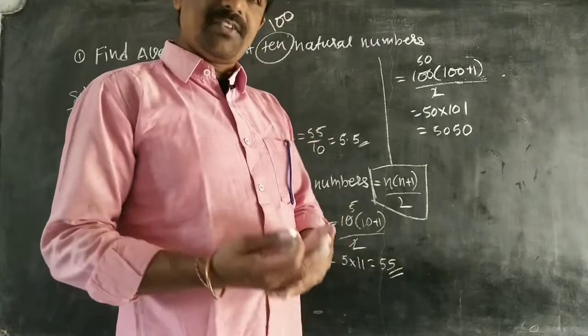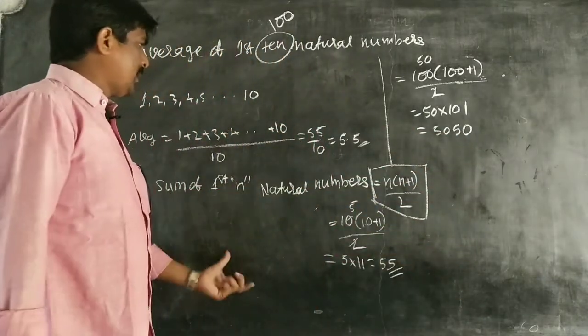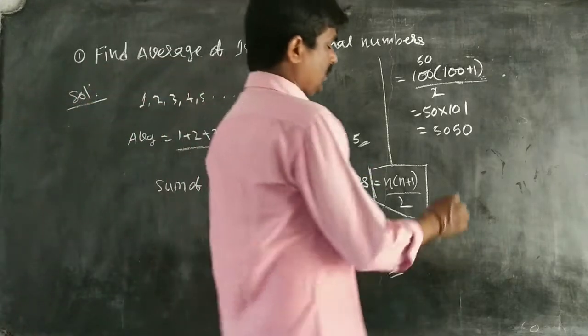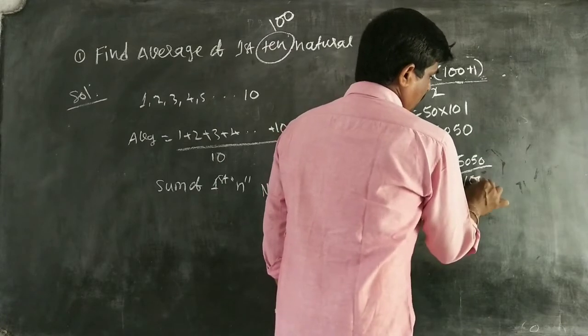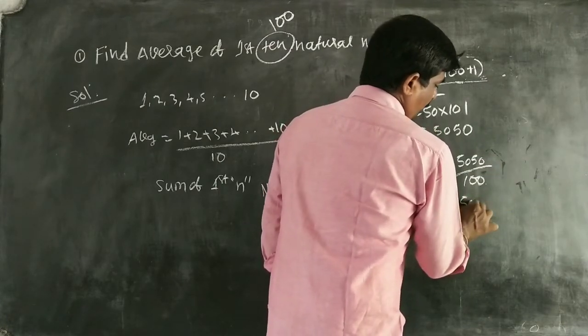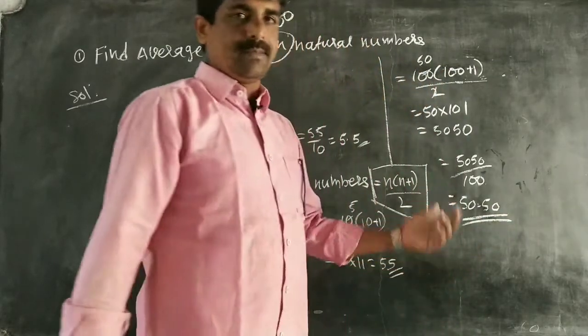To find the average, the sum of the observations by the number of observations, 5050 by 100, is 50.5. This is an easy method.